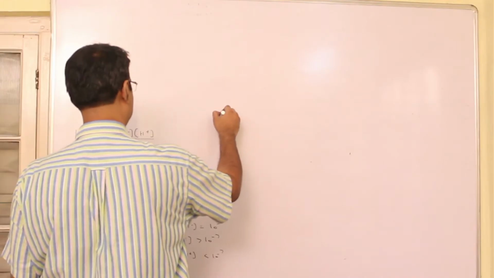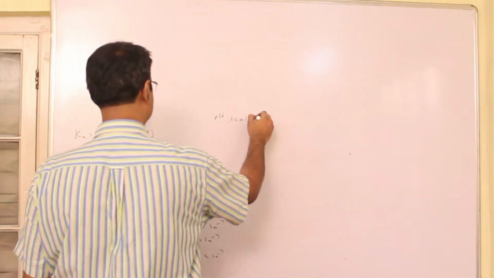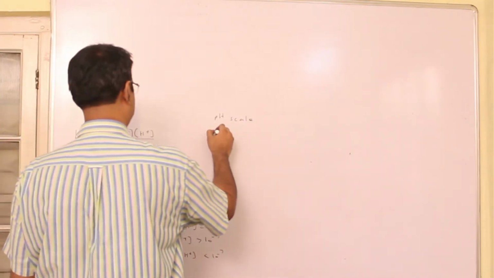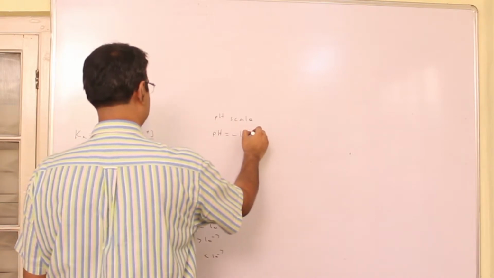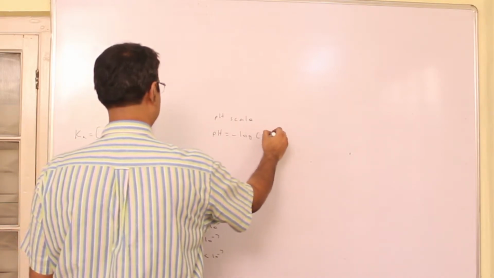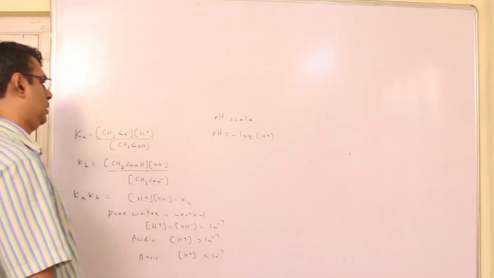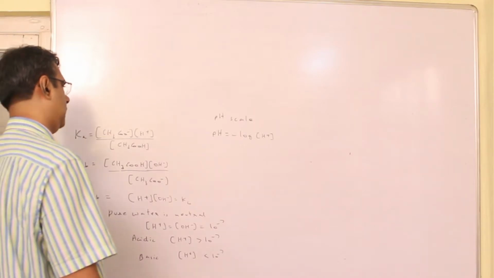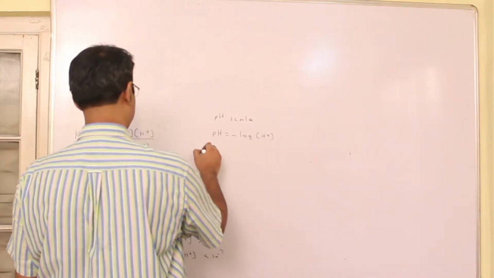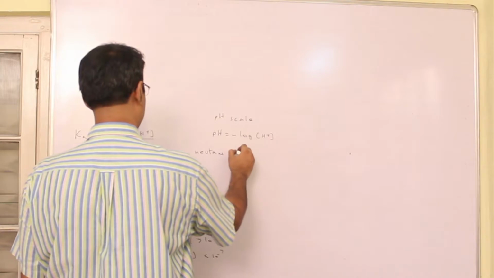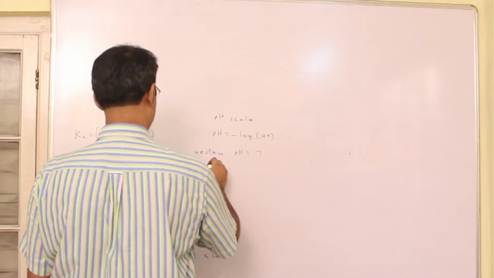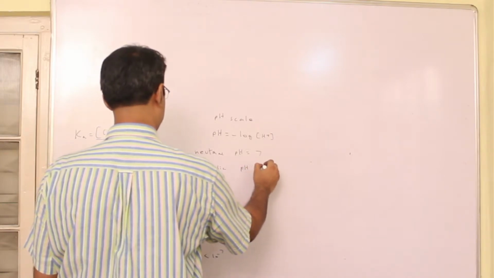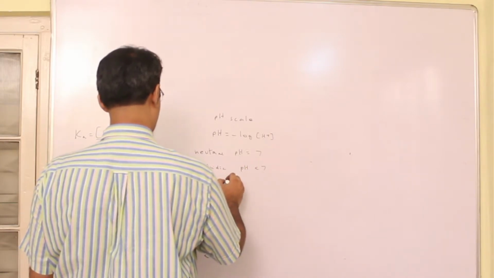Now there is a scale known as the pH scale. The pH of any solution is the negative logarithm of the hydrogen ion concentration. So pH will be minus log of H plus. If the solution is neutral, then pH will be 7. If the solution is acidic, then pH will be less than 7.